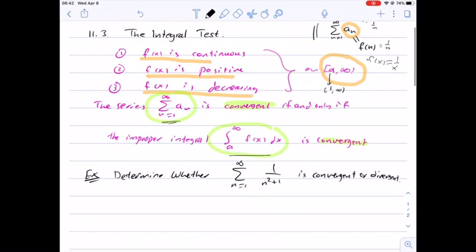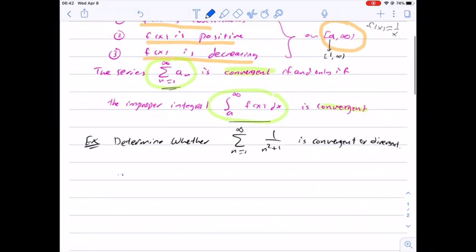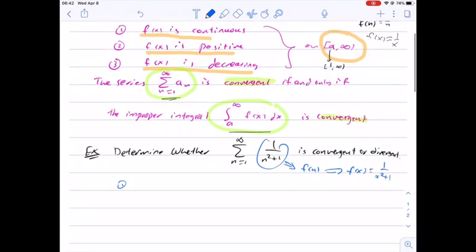So to do this problem, we want to apply the integral test. The first condition: now this is f of n, so we can write f of x as 1 over x squared plus 1.